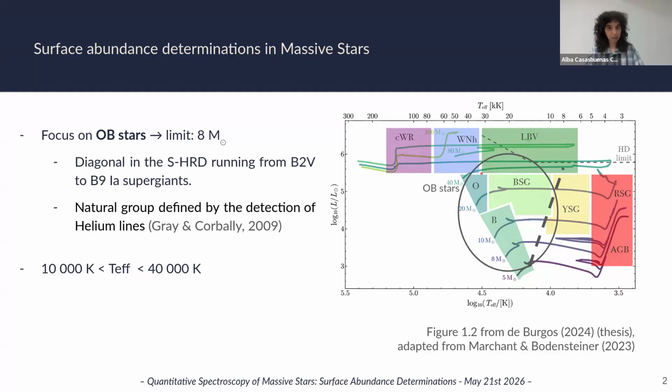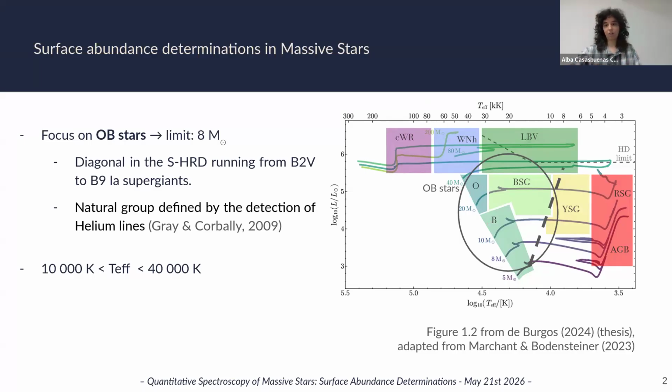The O-type stars, which are the most massive stars near the main sequence. We have the B-type supergiants, which are the direct evolution of O-type stars. And we have the B-type dwarfs, which are the less massive stars near the main sequence.